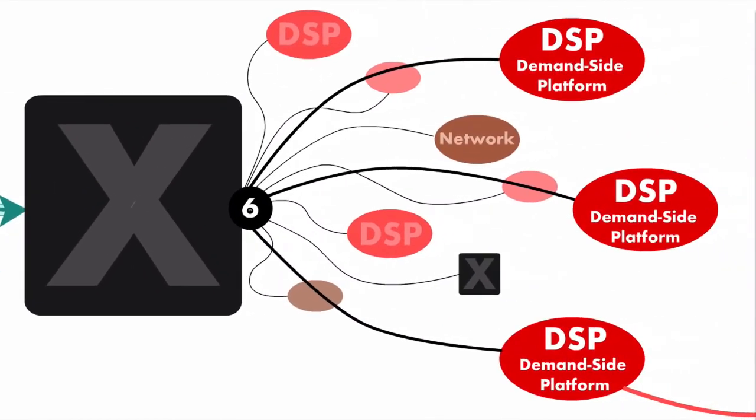Meanwhile, the ad exchange has been busy connecting to and communicating with potential buying systems. These systems include demand-side platforms, or DSPs, networks, and even other exchanges.